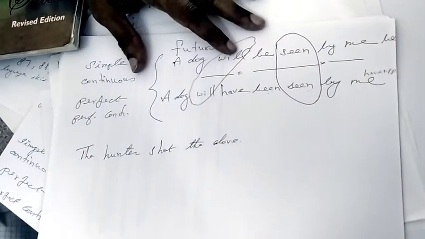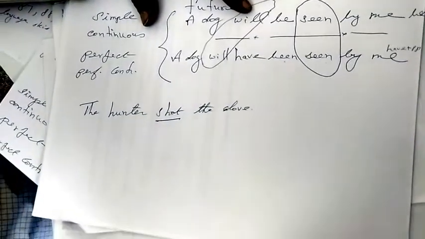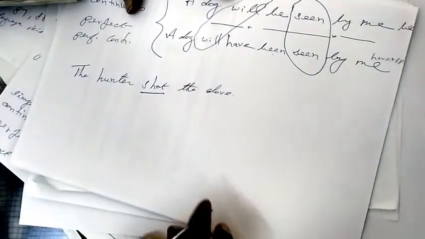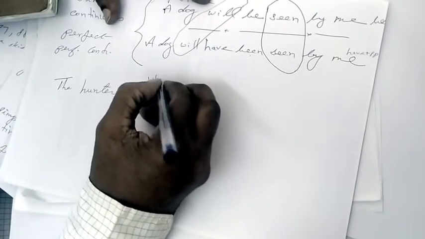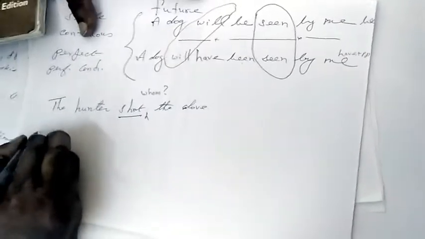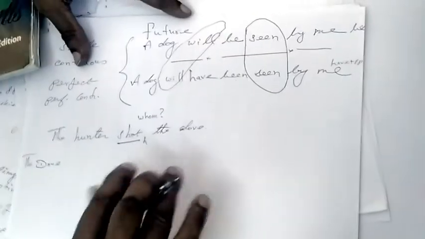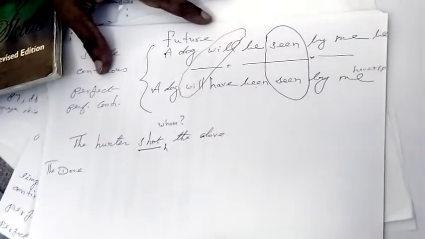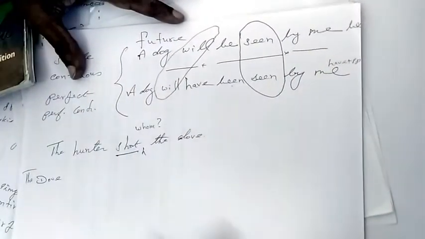Okay. Now the verb is shot. Shot whom? The dove. The dove becomes the subject. Luckily for you, shot is an irregular verb, and therefore the 3 forms of shoot are shoot, shot, shot.